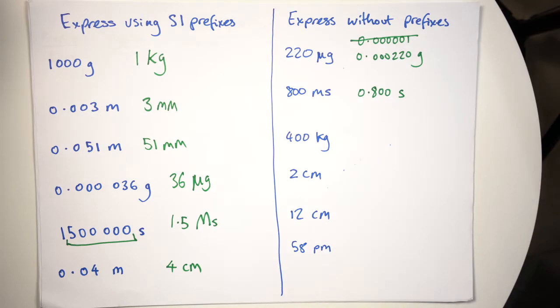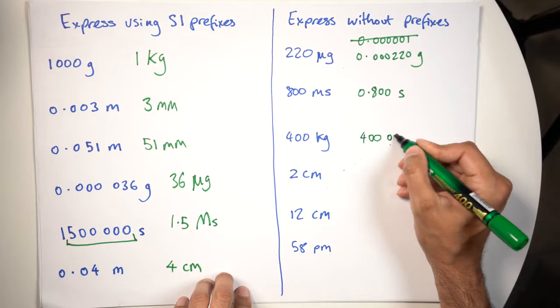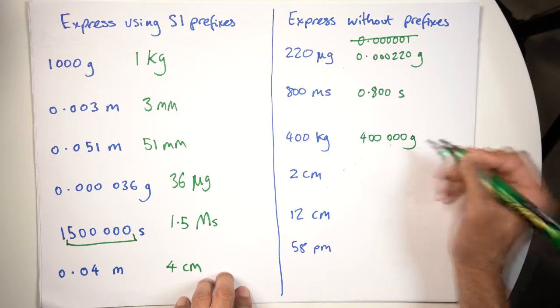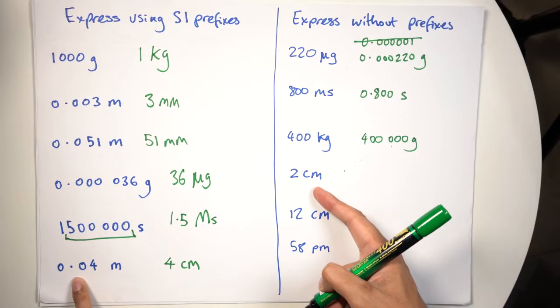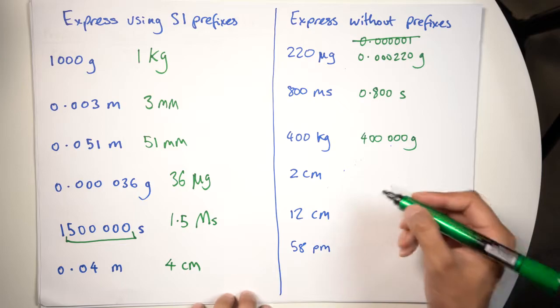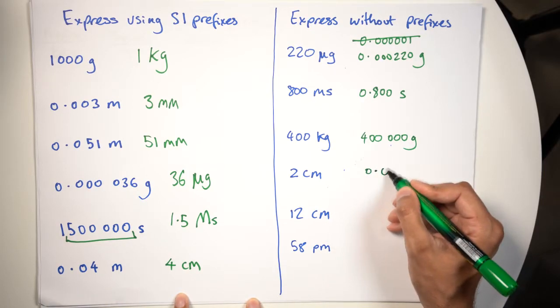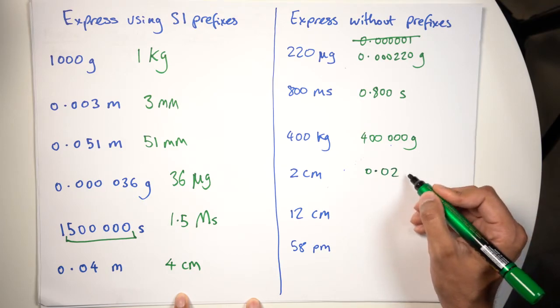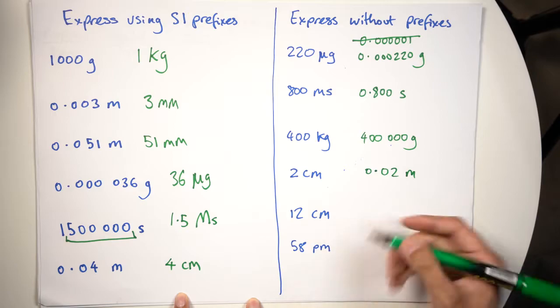So 400 times 1,000 is going to be 400,000 grams, like this. 2 centimeters, it's a little bit like this, isn't it? You would have 2 decimal places, so it's 0.02 meters, like that.